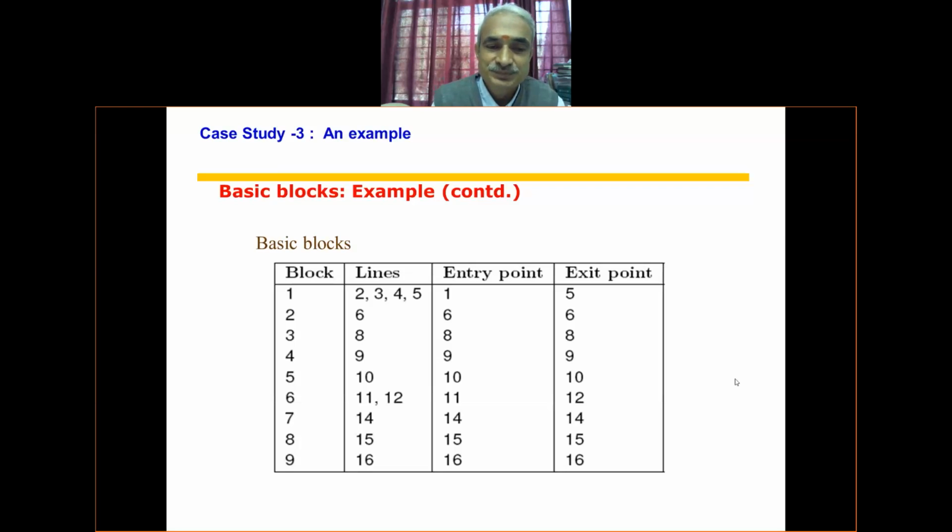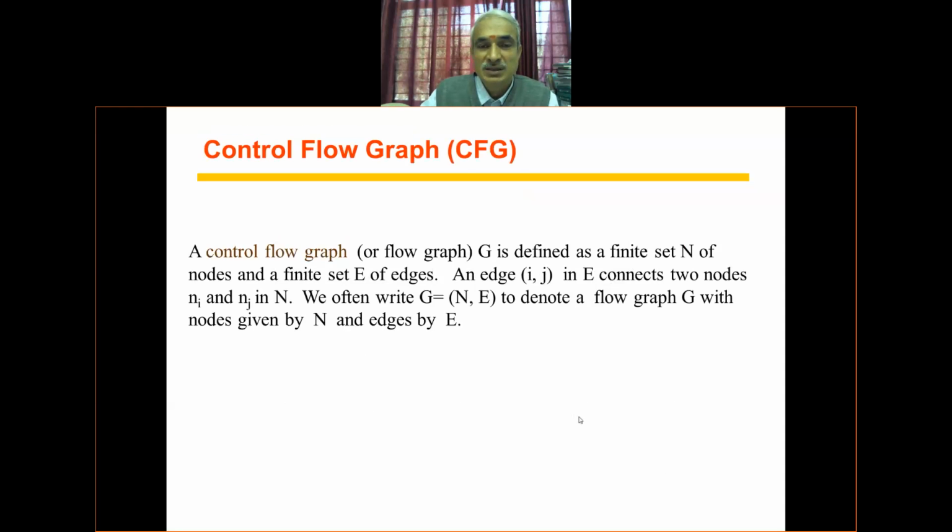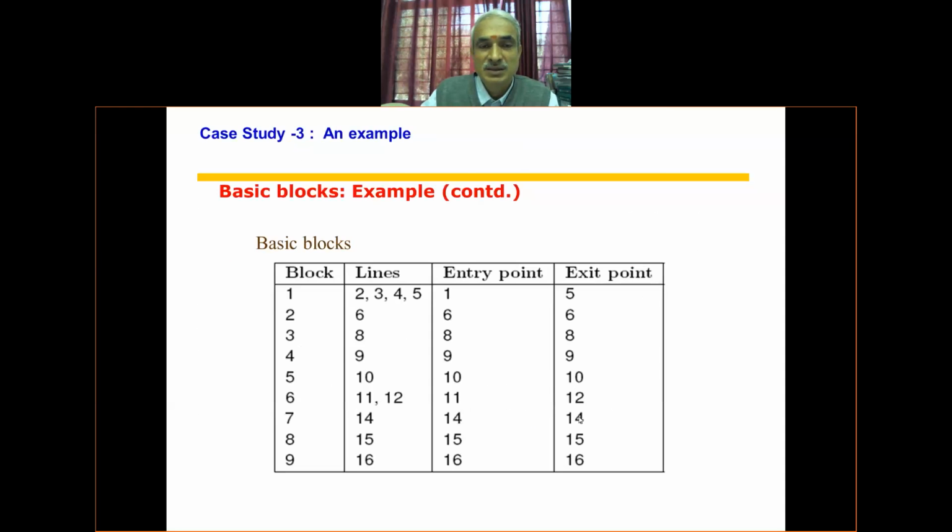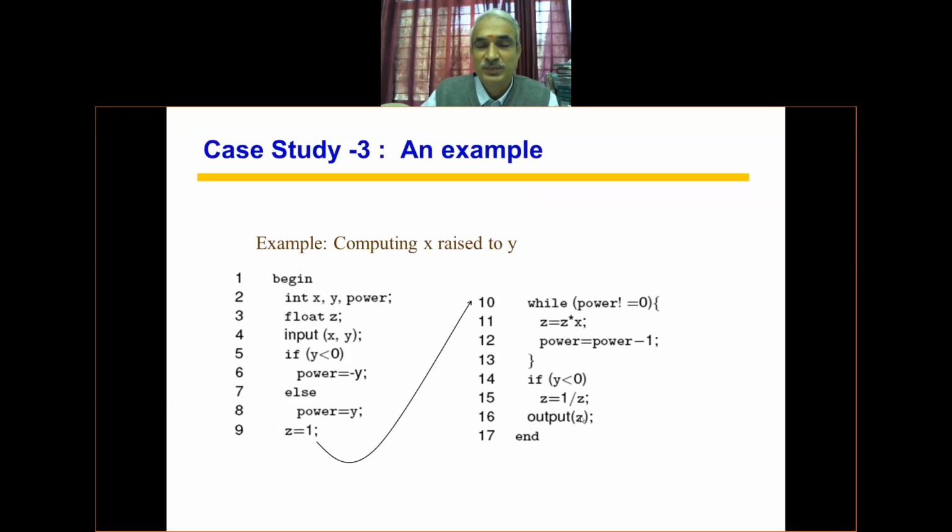Here is a solution. As a case study, you can take it and work it out. So in this case, there are 9 basic blocks. Any question now?